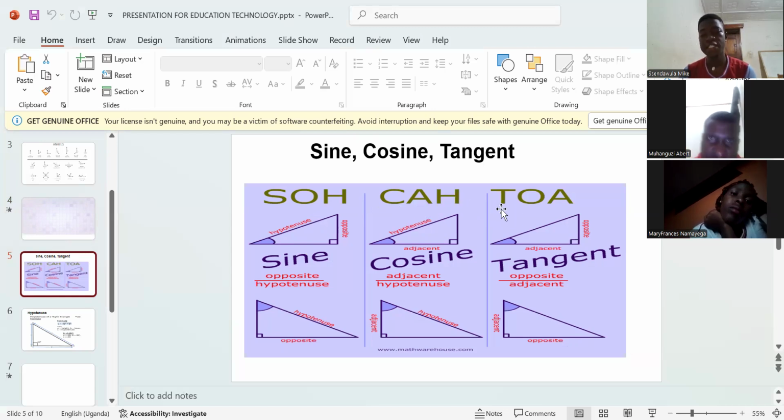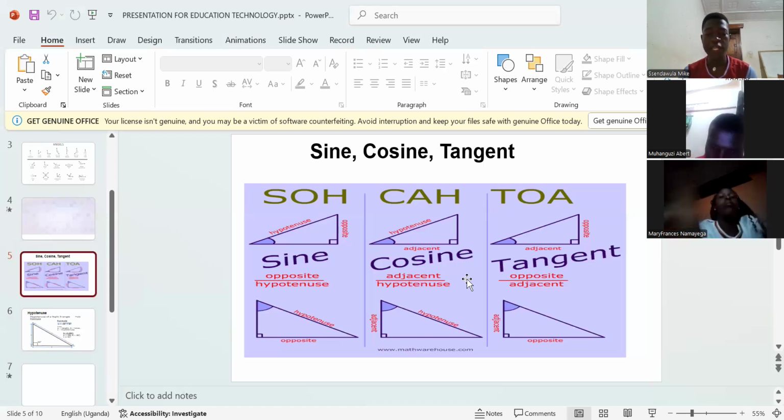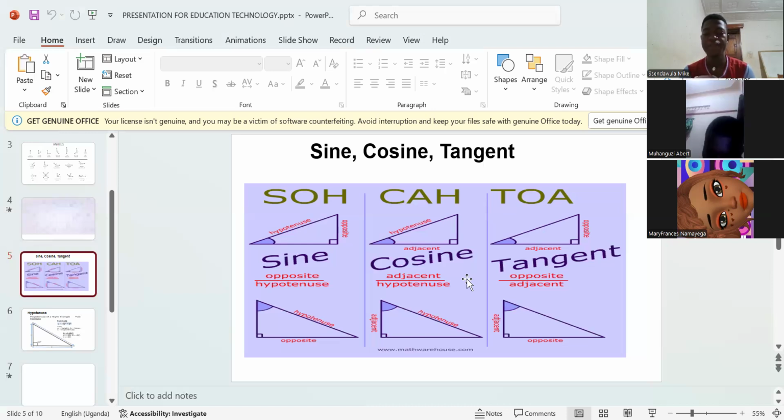Then we have the tangent, which equals opposite over the adjacent. So if at any point I want to find an angle from any of these shapes, maybe they want the angle X. If they want the sine, that is the formula for finding the sine. If they want the cos, it is also given.